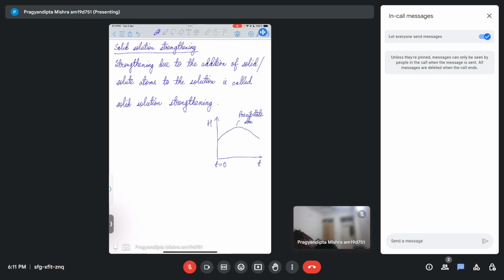So the change in hardness with aging time is defined by precipitate strengthening. Then what does solid solution strengthening define in that scenario? We get this H naught. The initial hardness that we are getting, that H naught, is coming through solid solution strengthening. What kind of solutes are present will define how high or low this H naught is. So this is the contribution.